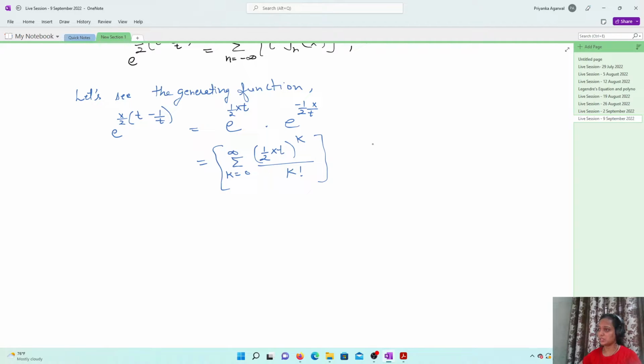And similarly we can write the other series as summation n equals 0 to infinity, where n is just an index, right? So (minus x by 2t)^n over n factorial.